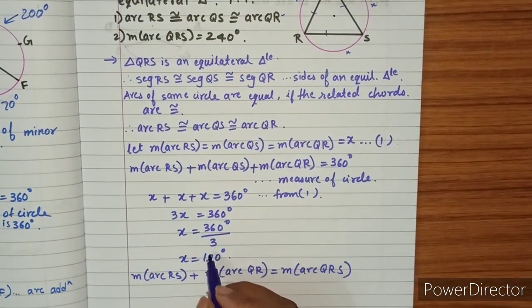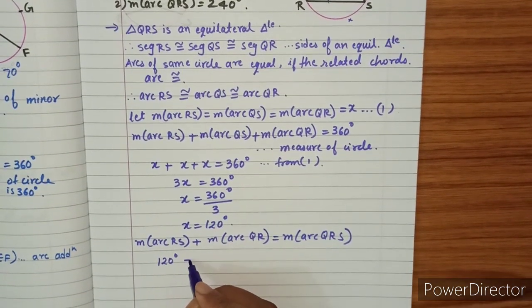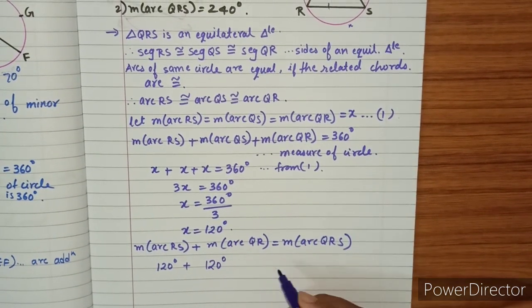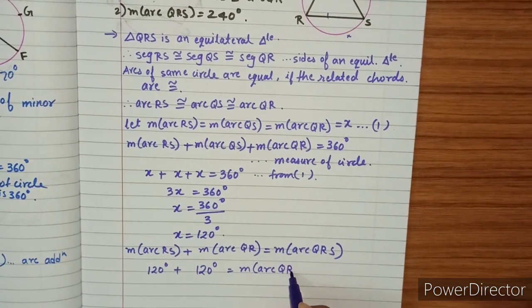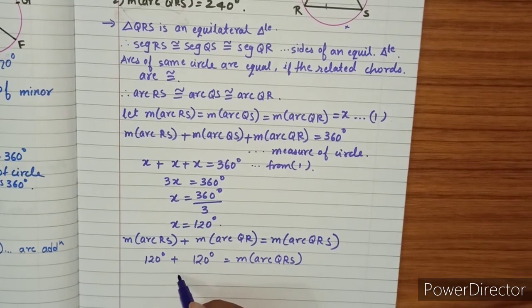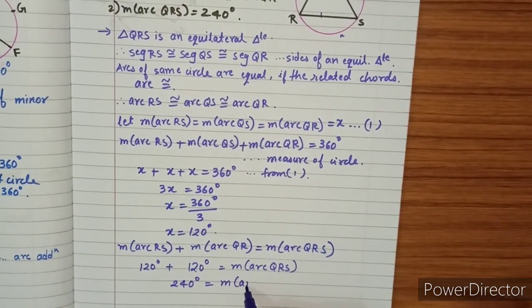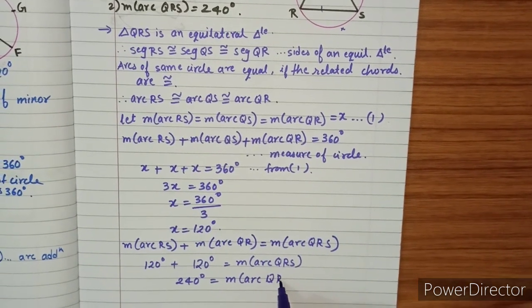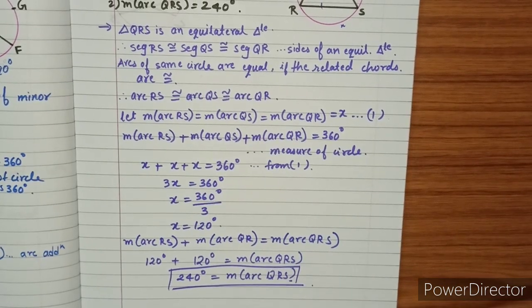Now all the arcs are 120 degrees. So I will write here 120 degrees plus 120 degrees is equal to measure of arc QRS. And what is it? 120 plus 120 is nothing but 240 degrees is equal to measure of arc QRS. And this is what they had asked us to prove. Hence proved.